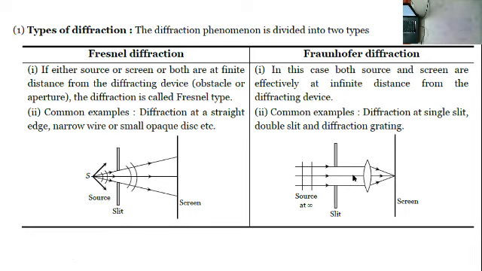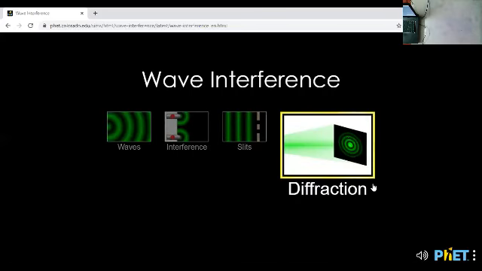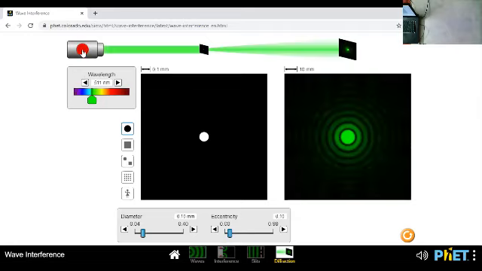Now I already said it, now we will observe it practically. You are able to see it right now. So this is what our diffraction pattern is. Here this is an obstacle and this is our screen. Now I'm turning on the source.